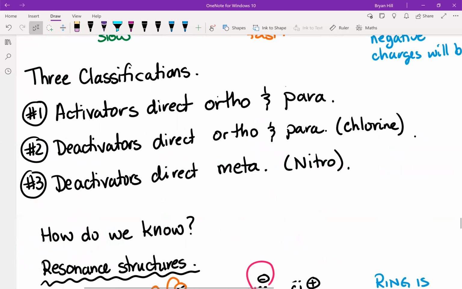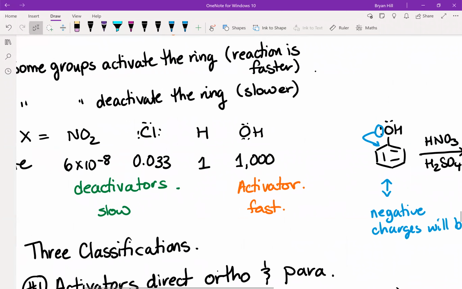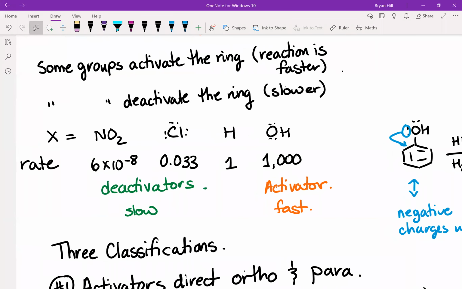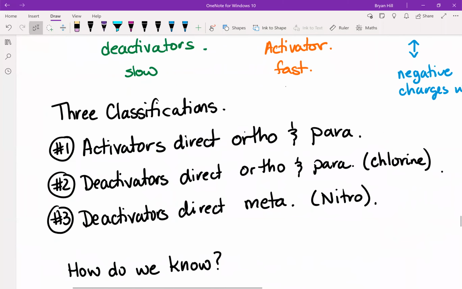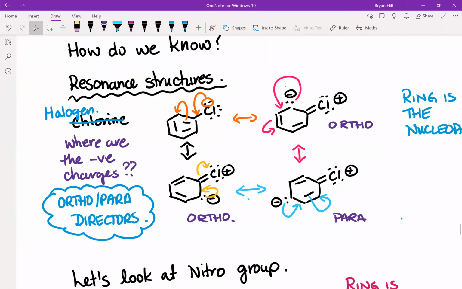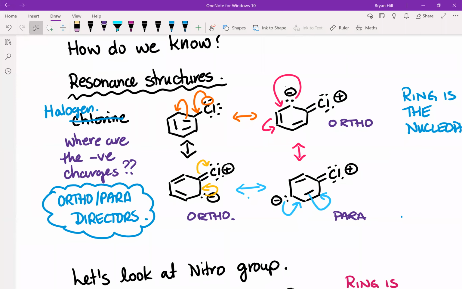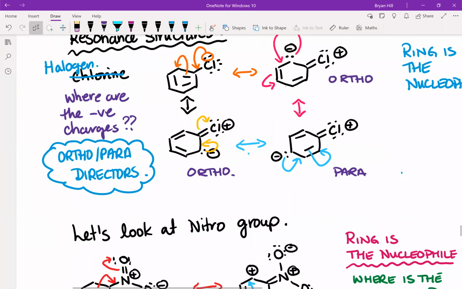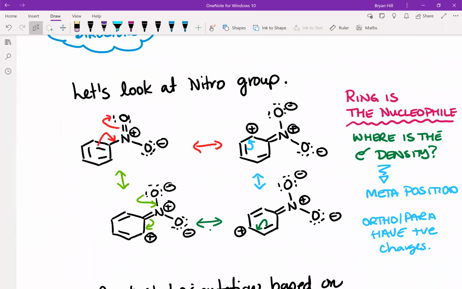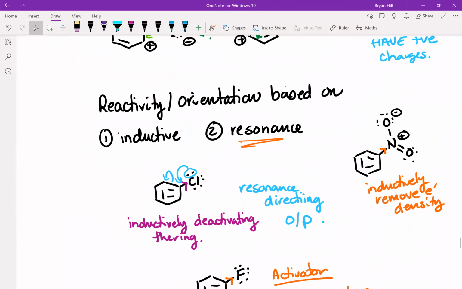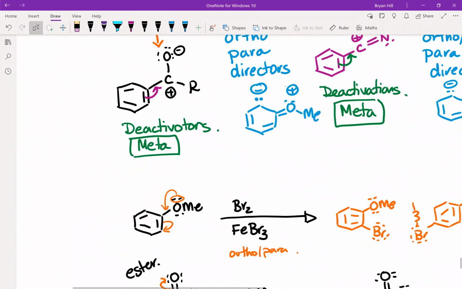So that's the real take-home message I wanted everyone to learn. And if your resonance structure pulls electron density out of the ring, so you've got a positive charge, for sure it's going to be a real strong deactivator like the nitro group.